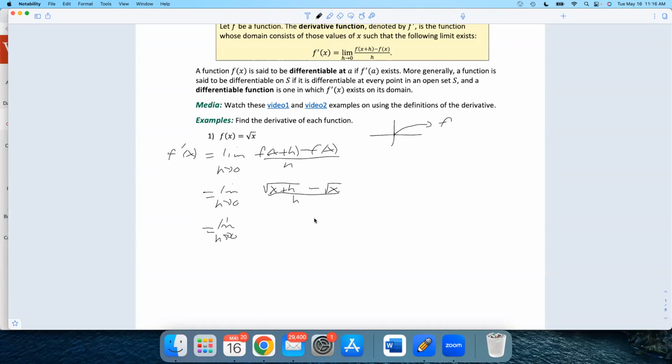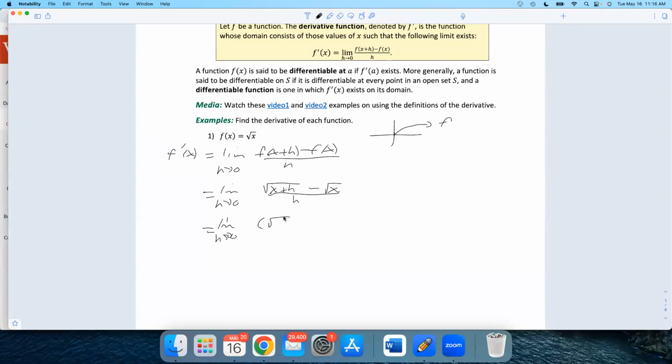All right, now remember when you're finding a limit, ideally you would just like to plug in your value. I would like to plug in h equals 0. But if you do that, you can check yourself, you get 0 over 0, which is undefined. So somehow we're going to have to make this h cancel out. And on problems like this with these radicals, the trick that we use is multiply top and bottom by the conjugate of whoever has the radical.